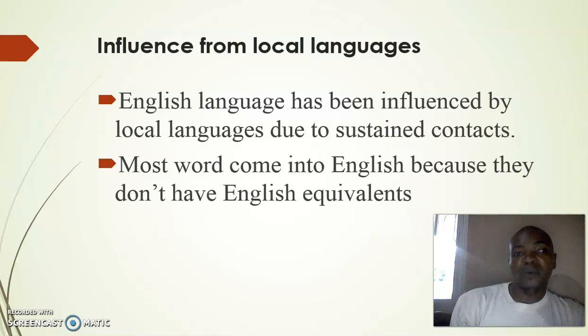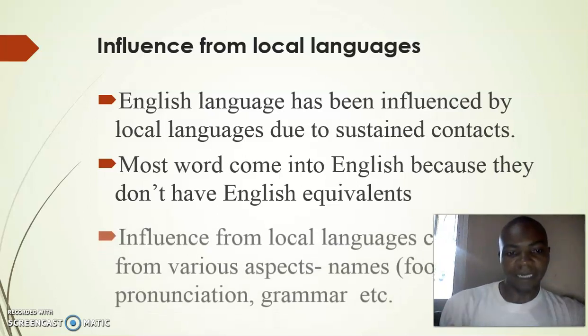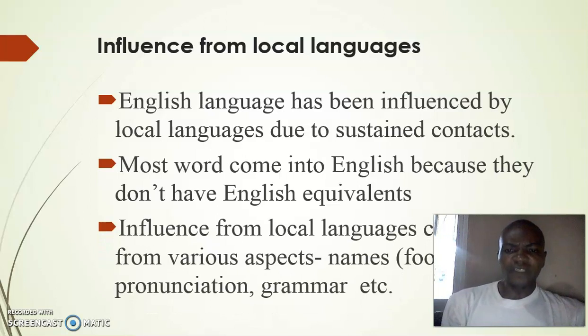A person who is reading, maybe a native speaker, who sees Furawa will be wondering what kind of thing that is. Is it a person? Is it a place? Whatever it is, the person may only understand from context that probably I'm talking about a place somewhere in Cameroon. So influence from local languages can be seen from various aspects.